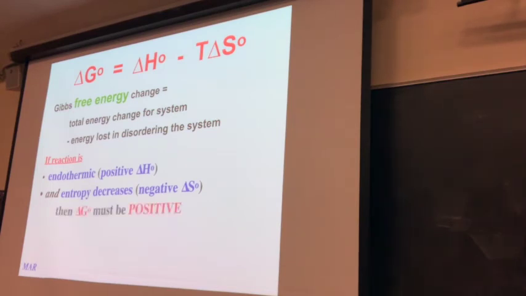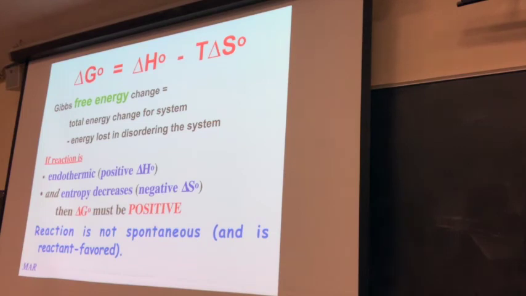So in these cases, your delta G will be a positive number. And positive delta Gs are not spontaneous. They're reactant favored. You might have a little bit of product, but it's not going to be anywhere near what would happen if you had a negative delta G. So delta G negative, reaction's gonna go. Delta G positive, reaction's not going to go, or at least not to a very large extent.